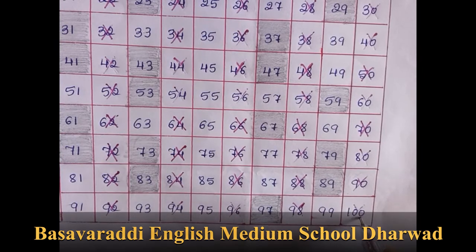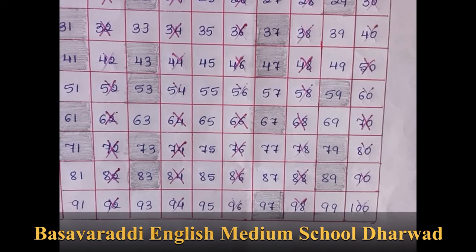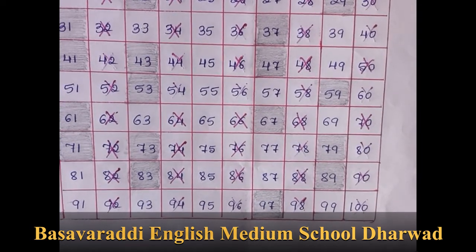Okay, these are all the crossed out numbers. These are all the multiples of 2.